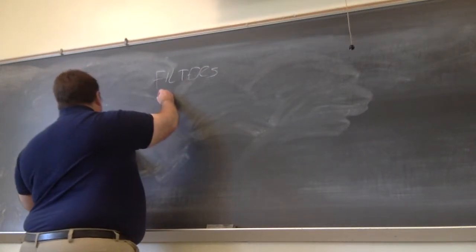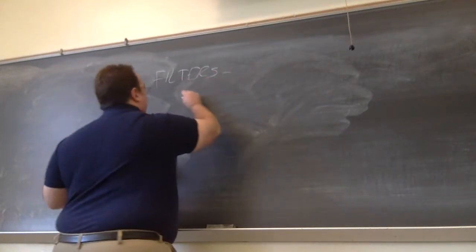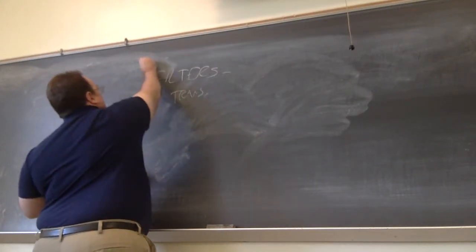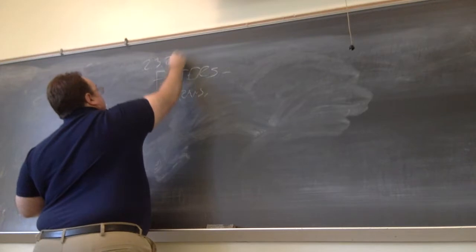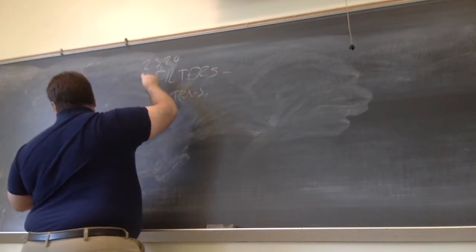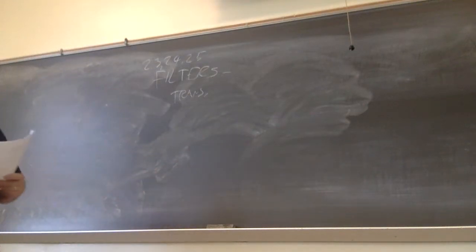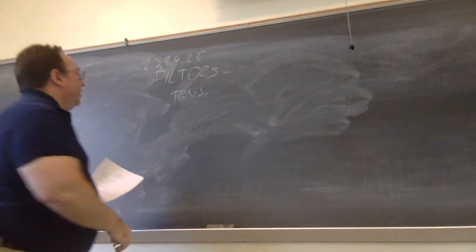Yeah. So, a filter is really just a transformation. All right. So this is sections 2.3 and 2.4. Actually, because I'm going to mention the uncertainty principle, there was a smidgen of 2.5 too.